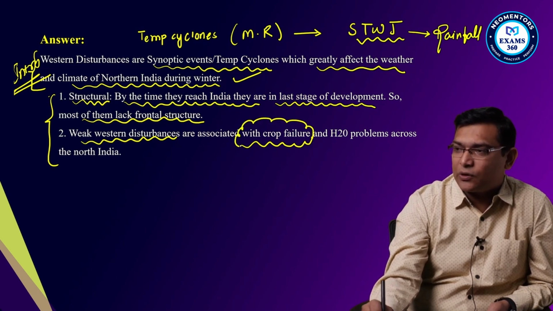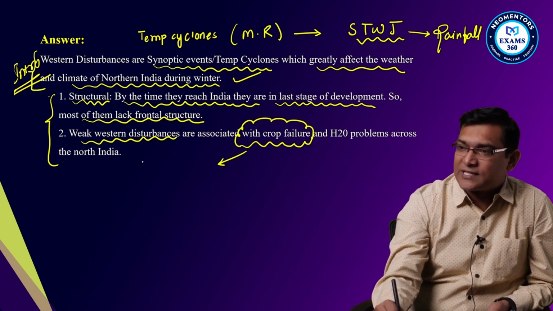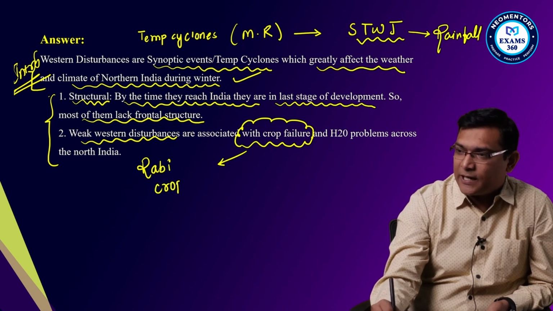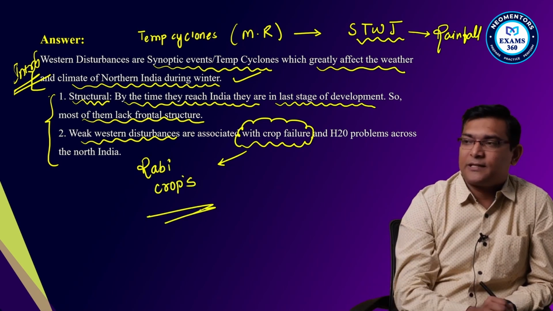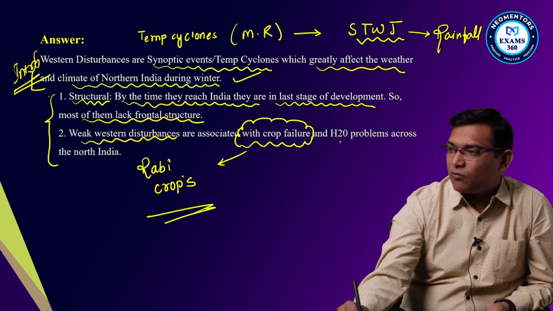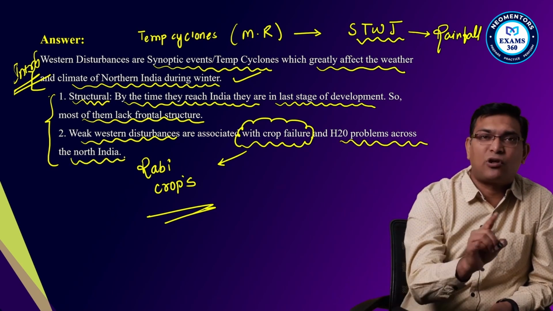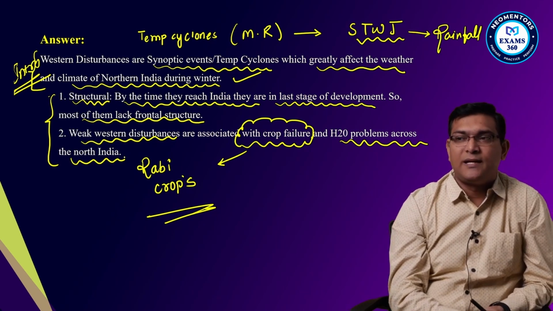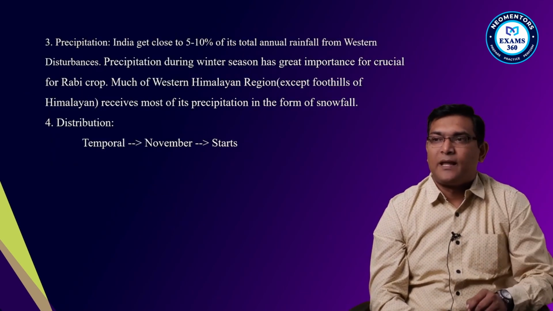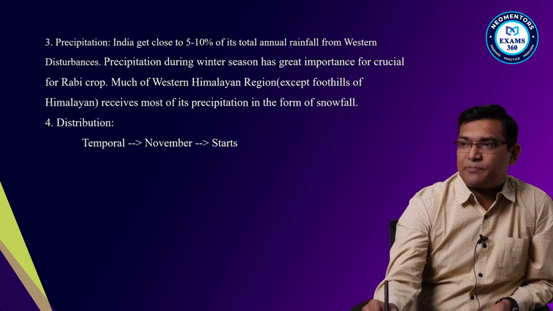ఎందుకు crop failure అంటున్నా అంటే, see, these western disturbances bring relief to rabi crops, right? And also they will solve the water problem across northern India. So, weak ones. The third one is precipitation.